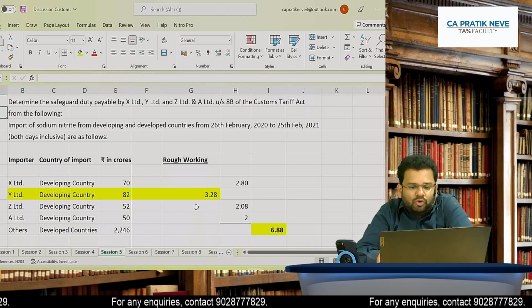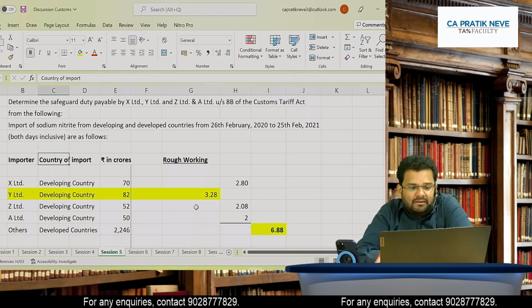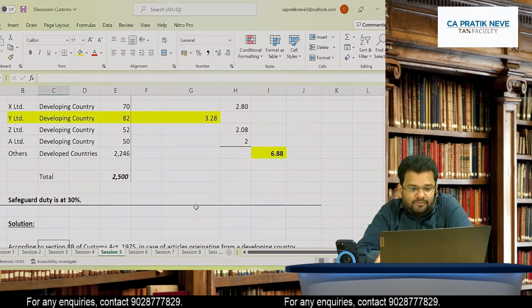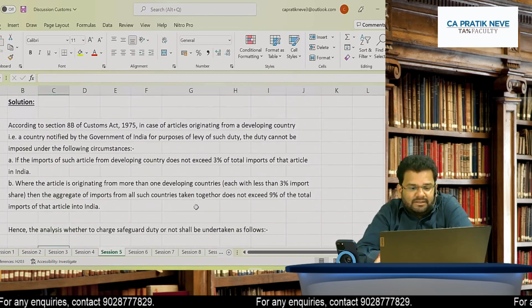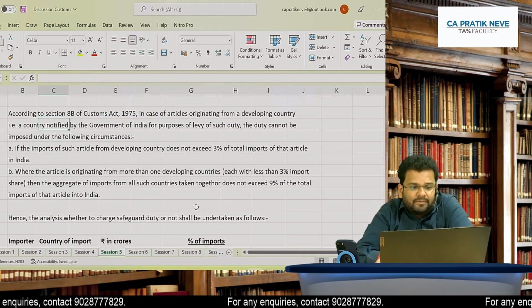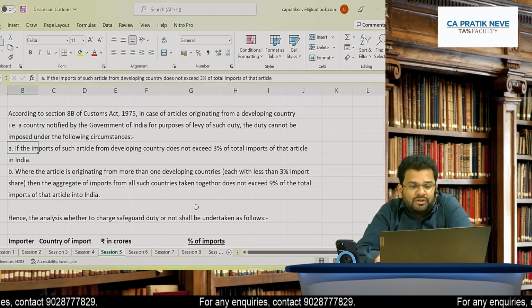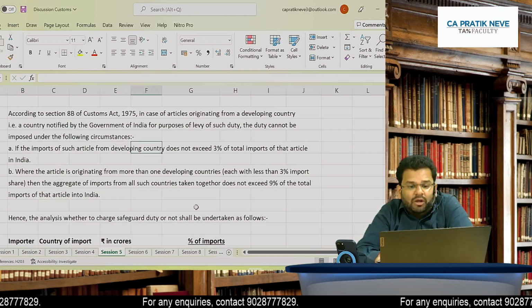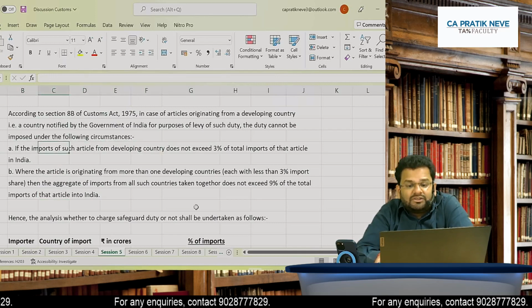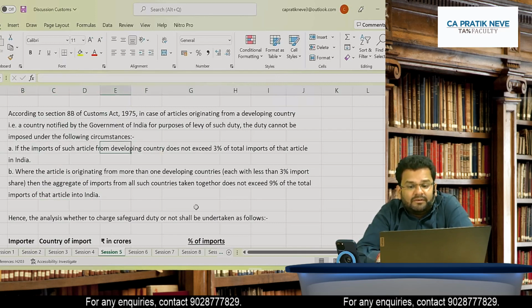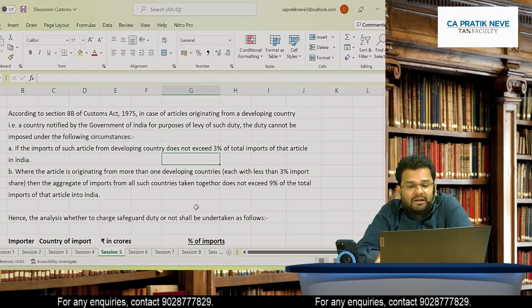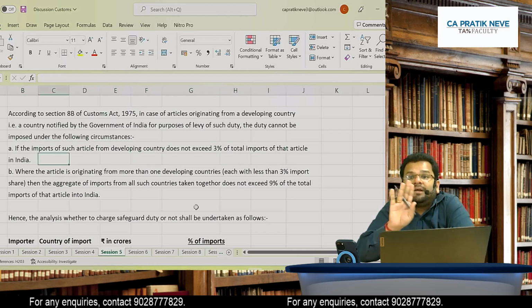So what you have to do, you have to understand that if imports, see, read this, when it is imposed, if imports of such article from developing country does not exceed 3% of imports of that article in India, then it is not applicable.